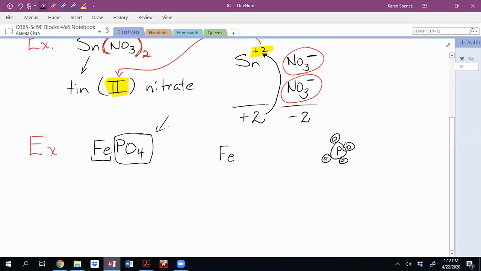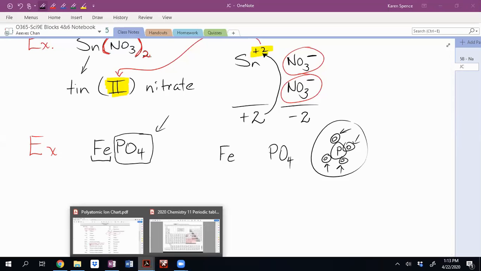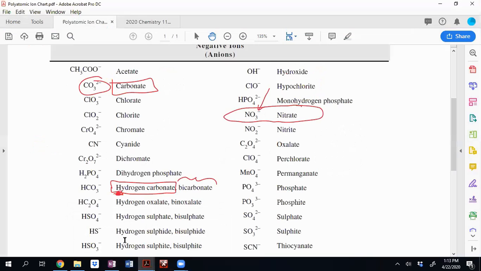Yeah, just 1, because we have not put it in brackets. So we don't have 4 of them. The 4 refers to the 4 oxygens, 1, 2, 3, 4, but we have only 1 of the entire group. So we have a PO4, and I don't know its charge. Well, actually I do, I'm lying. But you probably don't know its charge, so you can just go look it up.